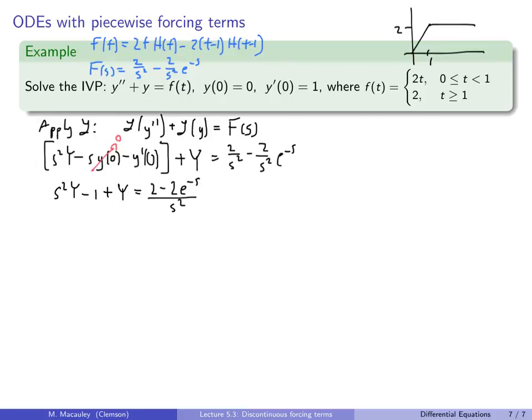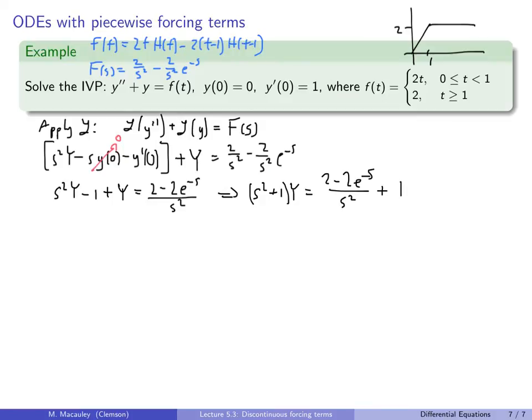So s squared plus 1 times Y equals 2 minus 2e to the minus s over s squared plus 1.